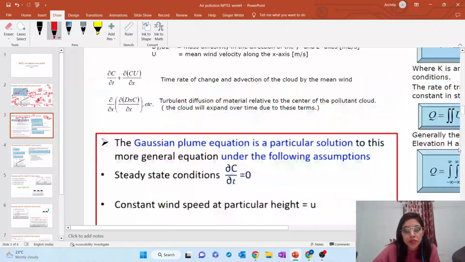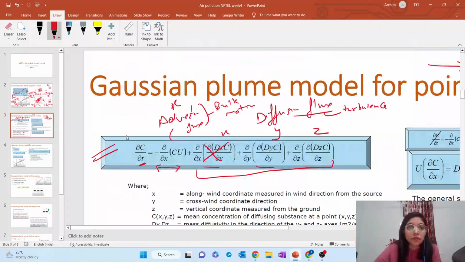Now another assumption that was taken is that the environment is in the steady state. In steady state, there will be no change in the concentration with respect to time for that particular point. If I do that, then dc by dt also becomes zero. So this term is also gone.